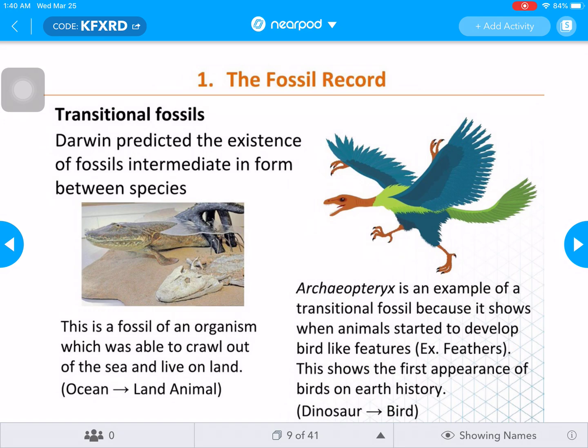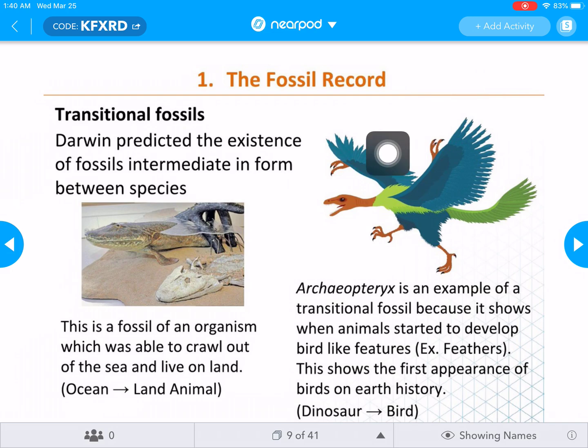So if you look at this, the Archaeopteryx, it's thought to be one of the first birds ever to show up on Earth, and that's because it was one of the first organisms that we can find that evolved feathers. Feathers did not exist before this bird actually showed up, so this is kind of a transition between a dinosaur, which is a reptile, to more bird-like creatures.